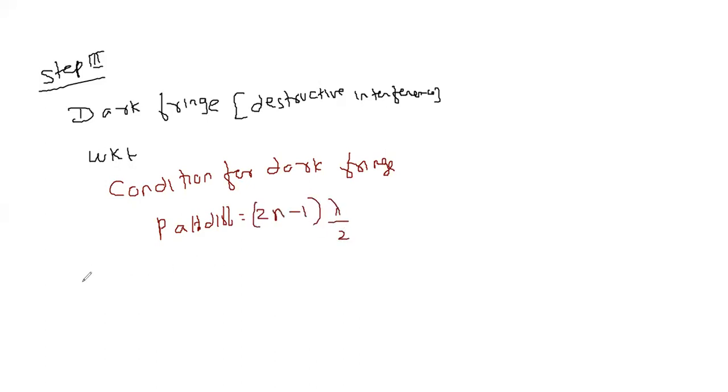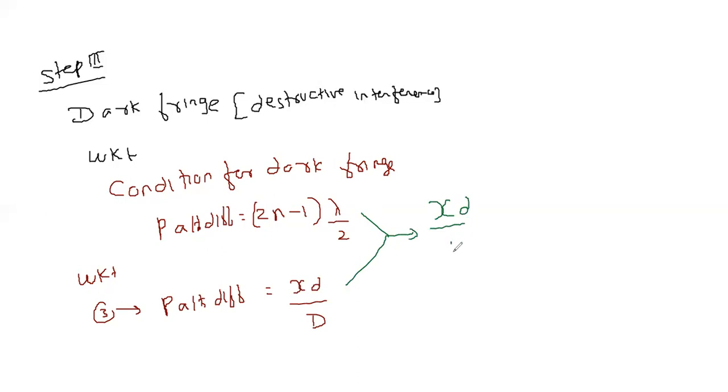We also know from the third equation that path difference is x into small d by capital D. Now compare these two. x into small d by capital D is 2n minus 1 lambda by 2. Rearranging, x equals 2n minus 1 lambda capital D by small d.